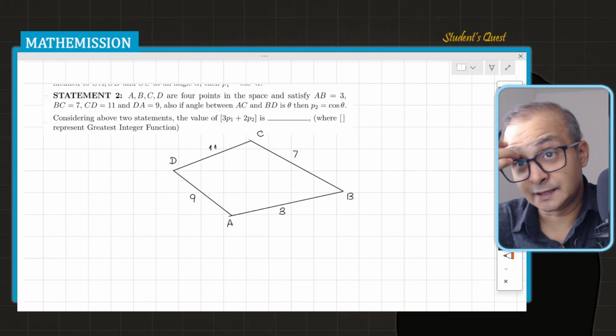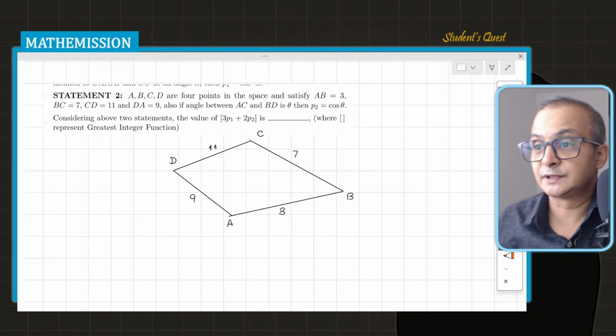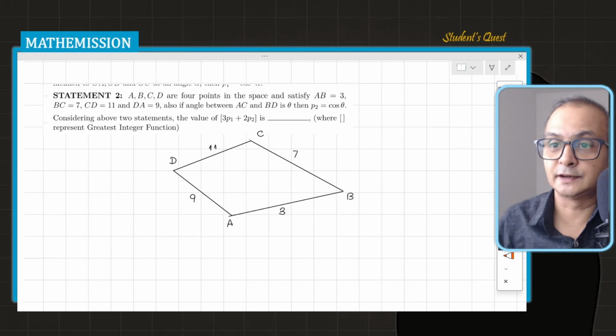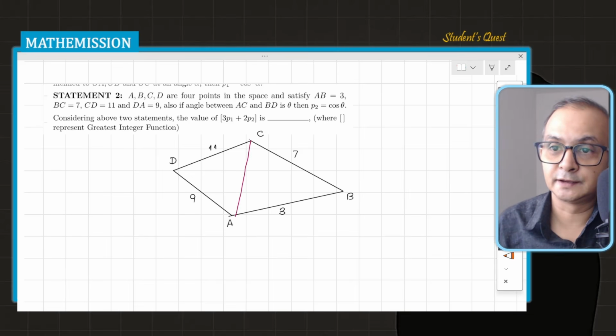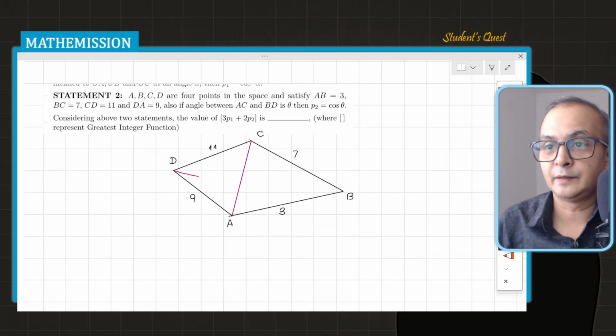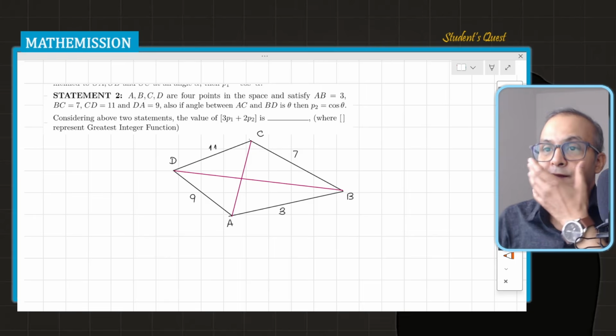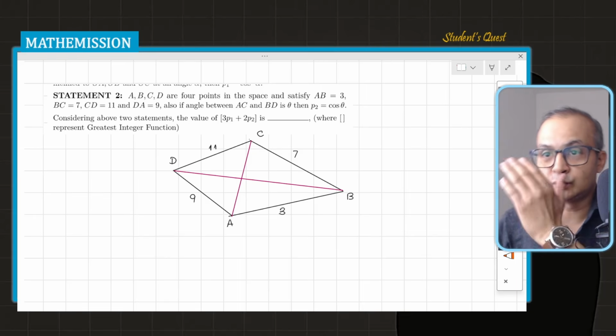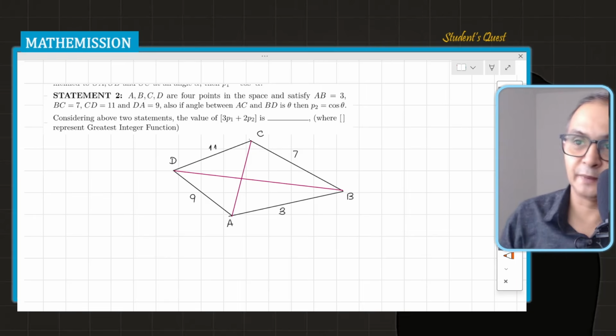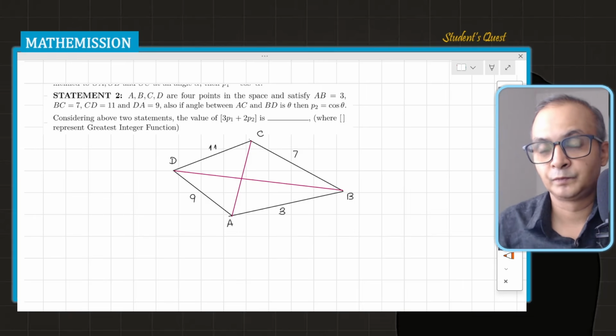And they're asking for the angle between AC and BD, means the angle between the diagonals. I have the two diagonals AC and BD, and they're asking the angle between them. Because they're asking for this theta, you have to find P2, means you have to find out cosine theta.